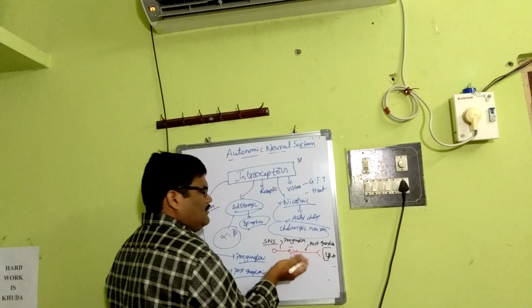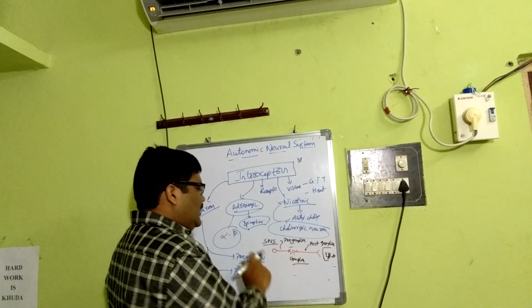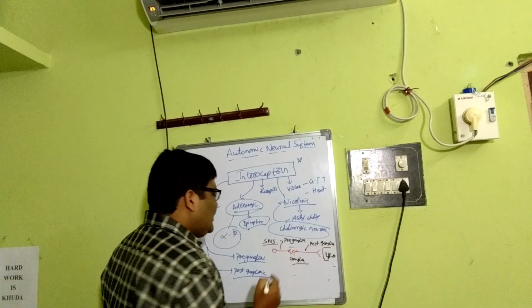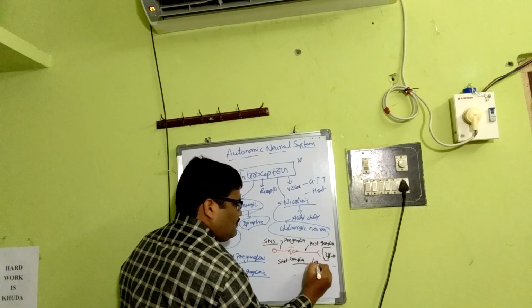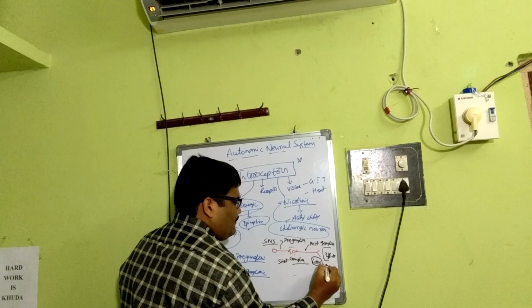As the words imply, pre means before the ganglion, post means after. In the sympathetic neural system, the preganglion is very short, and the postganglion is very long.